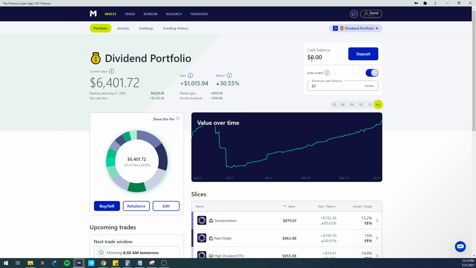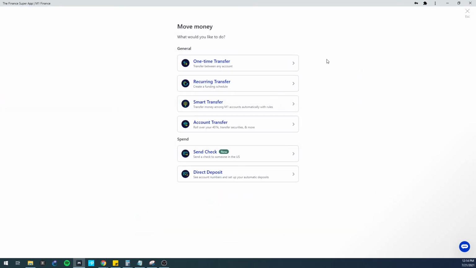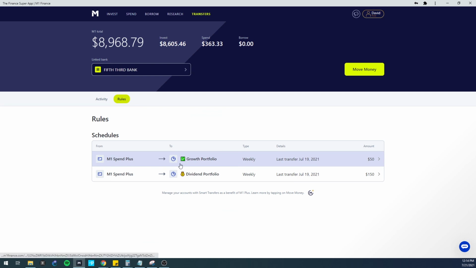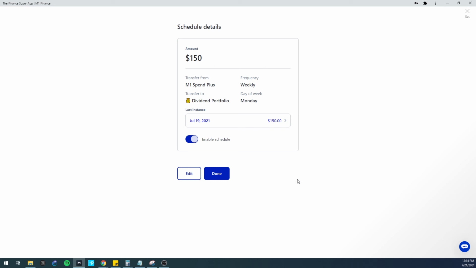When you set up a recurring transfer, like I have set up, you can see here that I have two rules set up for my two portfolios. We have my main portfolio, which is my dividend portfolio, and every week it varies between 150 to 250, depending on certain factors, like if it's the paycheck that I use for rent.